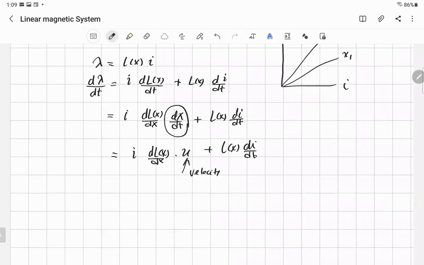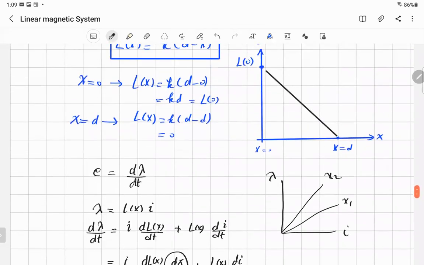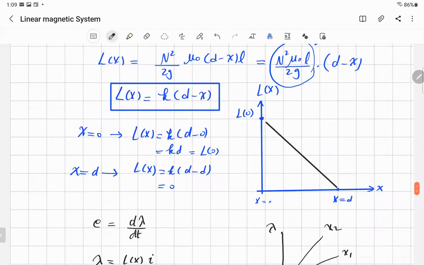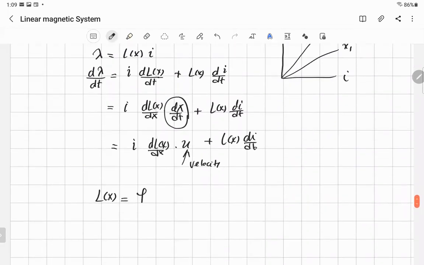You want to find dL by dx. You already got the formula for L of x: L of x equals k (d minus x). So dL by dx is equal to: k is constant, and the differential of (d minus x) is 0 for d, since d is not a function of x, and minus 1, so it is minus k. That's easy.